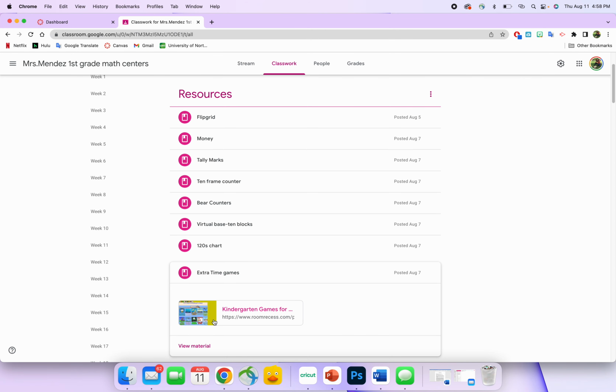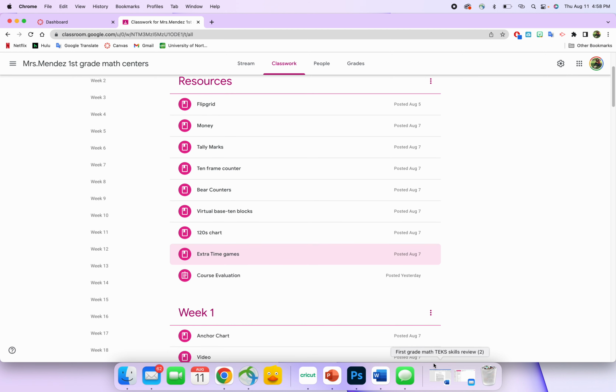It provides games for kindergarten and first grade students, all in math. They all look very exciting and engaging to the students, but in reality, they are learning at the end of the day.